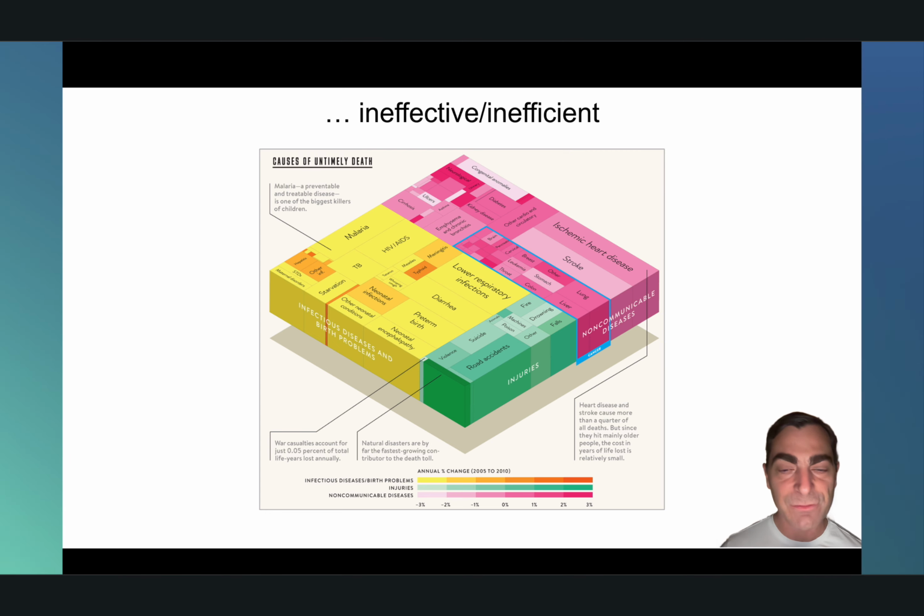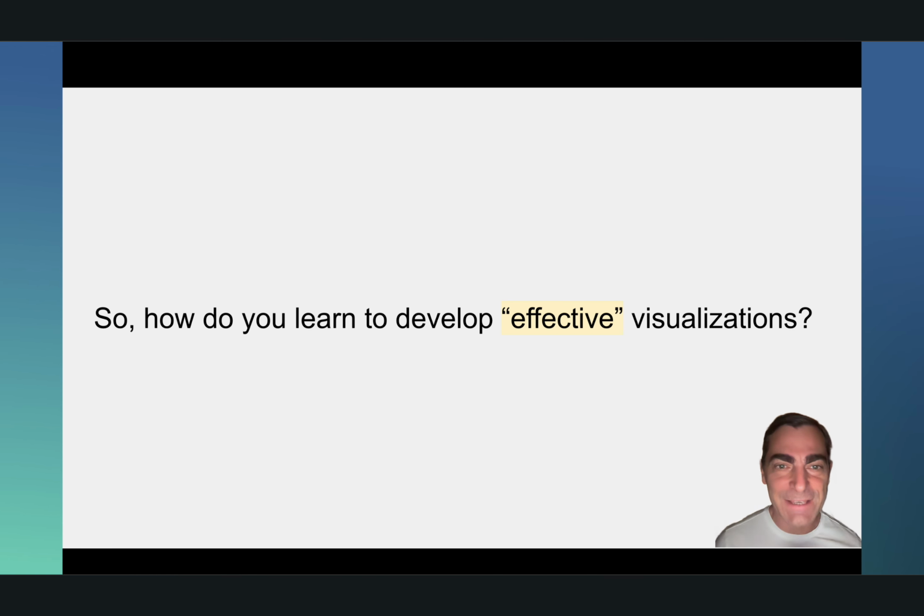It's very inefficient and ineffective. Okay, so unfortunately, as we have seen, it's not sufficient to just visualize data to have positive outcomes. You have to learn how to design effective visualizations. And that's why you are taking this course.